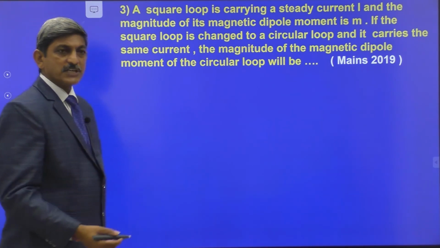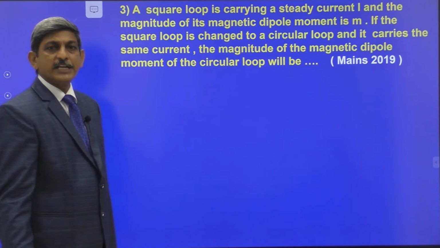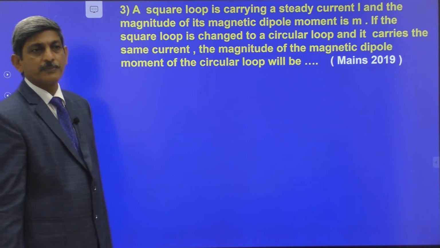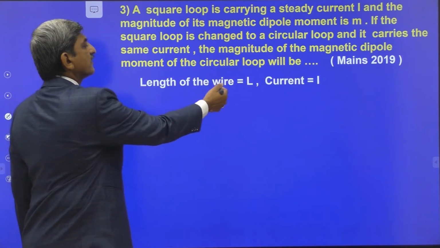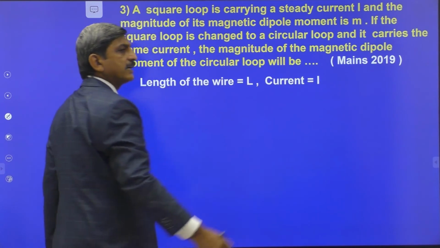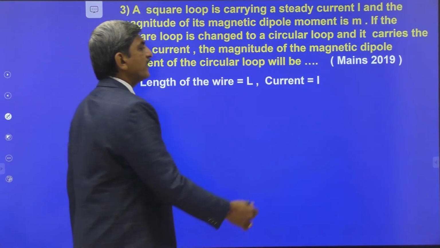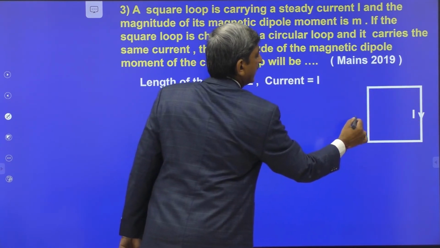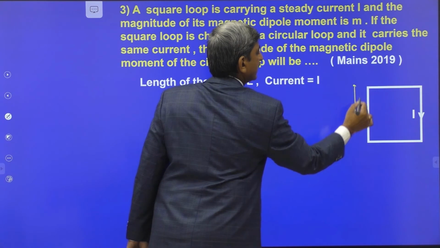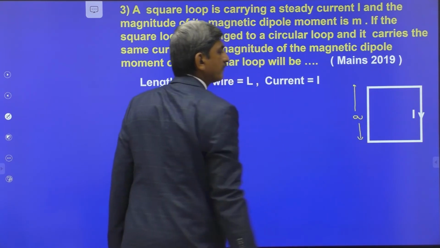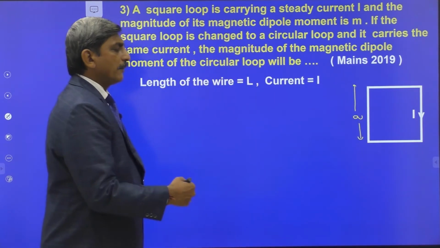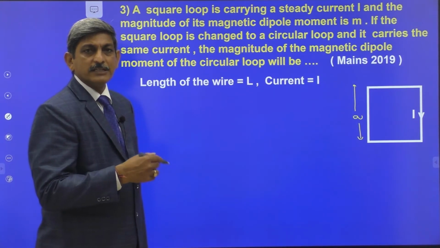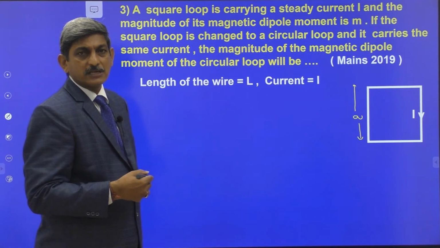Here, first of all, we have a wire. That wire is bent into the form of the square loop, then it is bent into the form of the circular loop. Let L be the length of the wire and it carries a current I. In the first case, let it be the square loop carrying a current I. Let a be the side of the square loop. Now, by knowing the side of the square loop and the current passing through the coil, can we determine the dipole moment of the square coil?